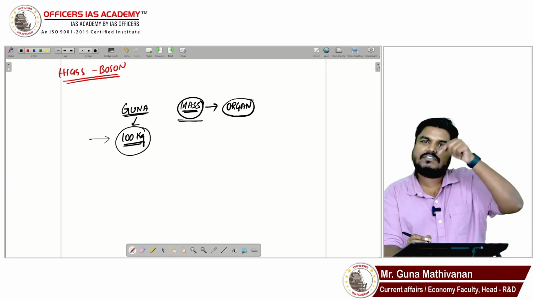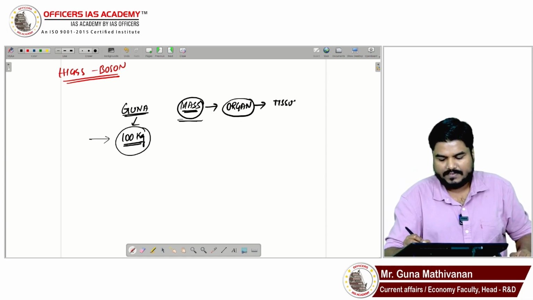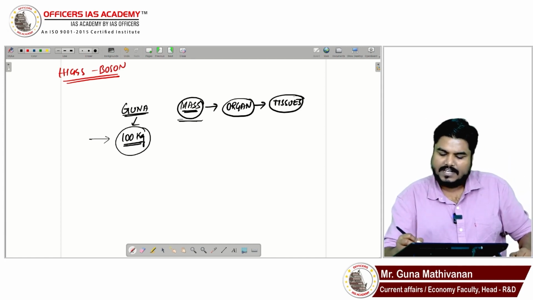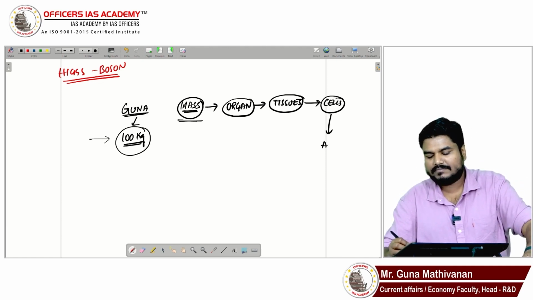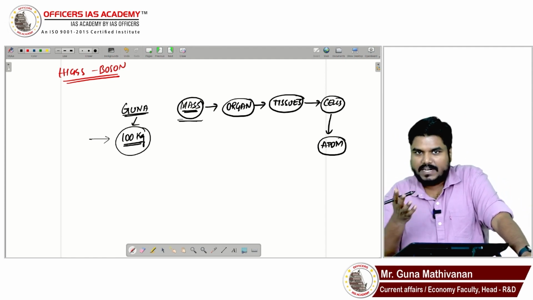Now what is stuffed inside organ? The tissues. Now what is stuffed inside tissue? I say cells. So like that, if I go deeper, finally I will reach a point, atom. Now what is stuffed inside the atom? Atom is made up of what?